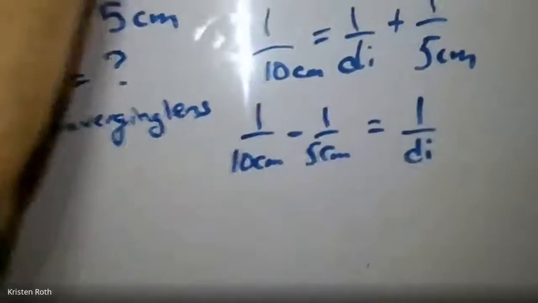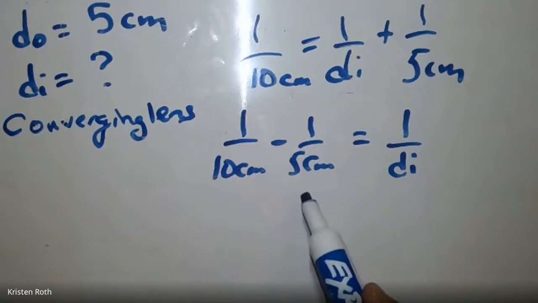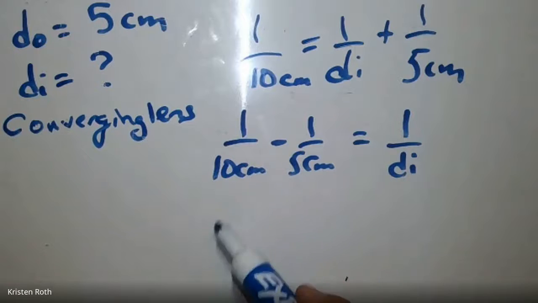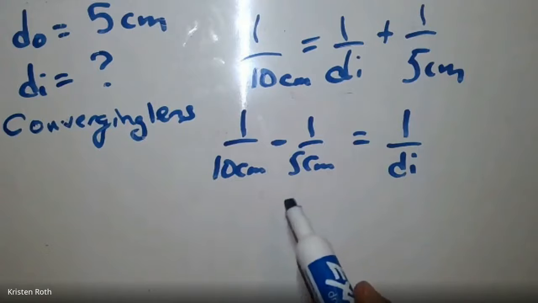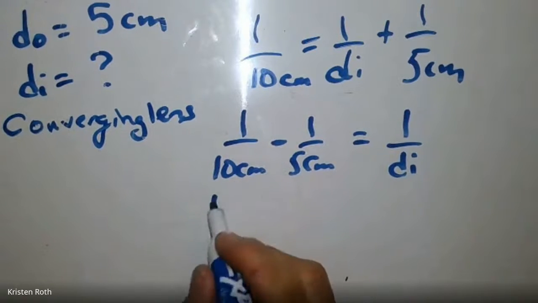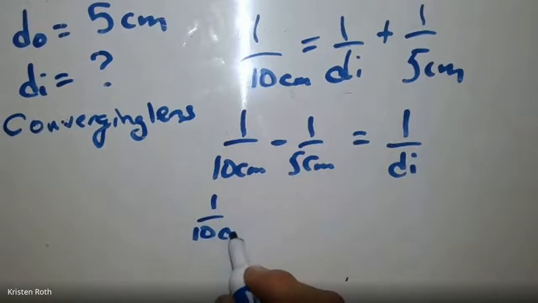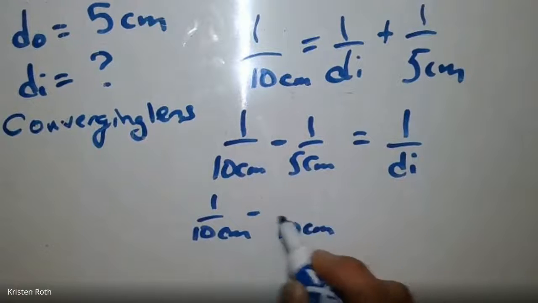Let me just move that one down here. Sorry. Okay, so now we have this. Now we need to find our common denominator here, 5 centimeters and 10 centimeters. Well, that's easy peasy. 5 goes into 10. So we have our 1 over 10 centimeters minus, well, we're going to use 10 as our common denominator.